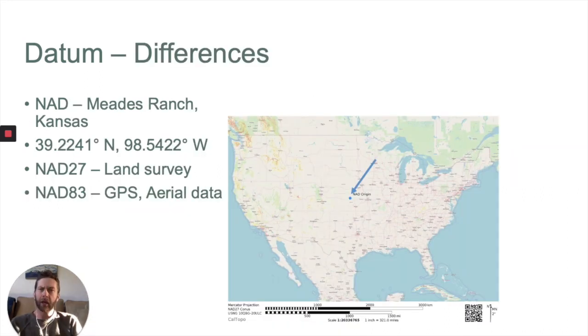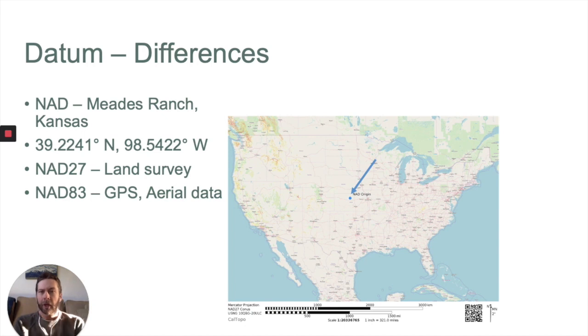So there are some key differences between these, and these are really what you should know. When we look at NAD, North American Datum, that only applies to North America, whereas World Geodetic System applies to the entire world. So if you're over in Switzerland, then the North American Datum doesn't really do you a whole lot of good.